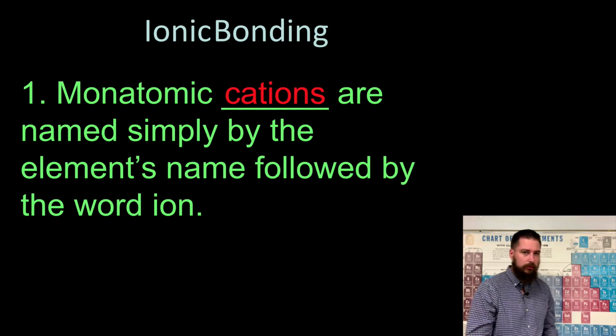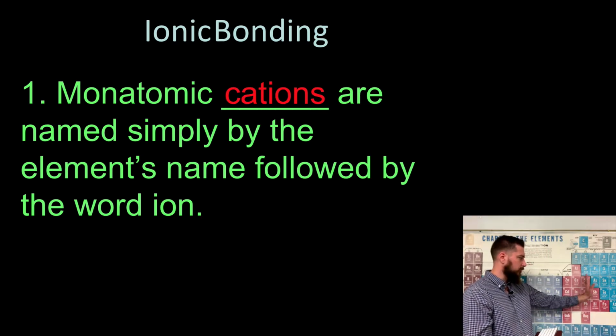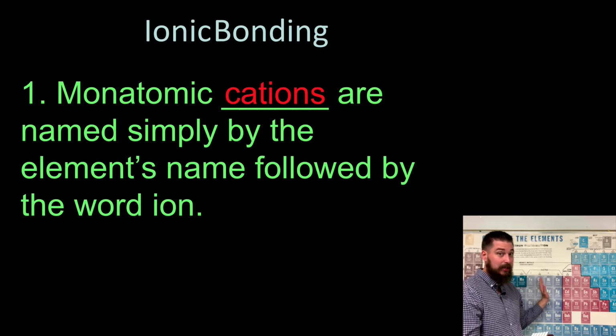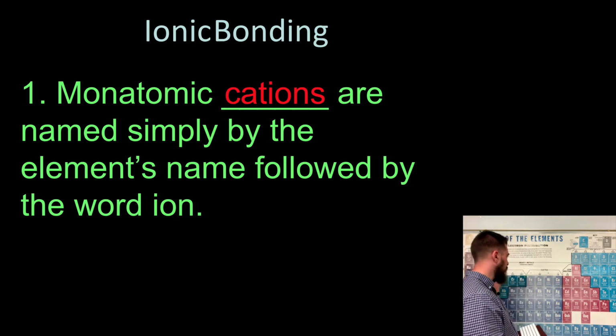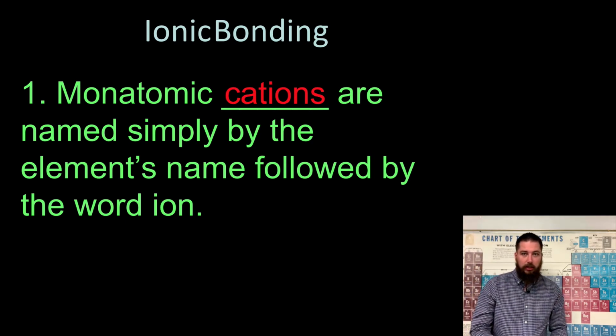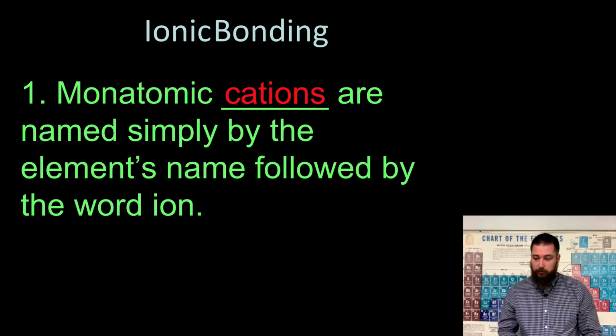Just a quick reminder, metals make cations. For example, copper will make a 2+ or a 1+, and we'll talk about that later, but we call it copper ion. Zinc, when it makes its ion, we call it a zinc ion. Whenever these make a charged ion, we just call it by its name followed by the word ion.